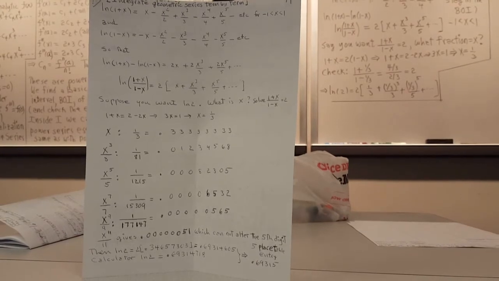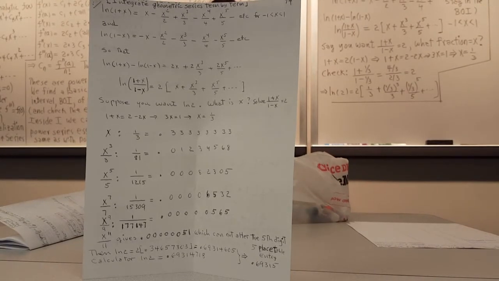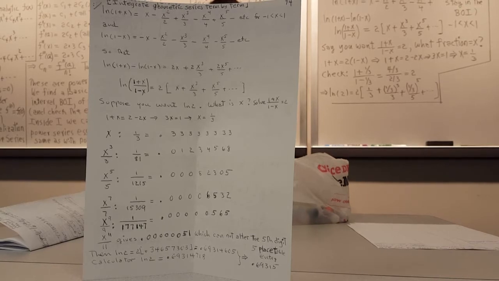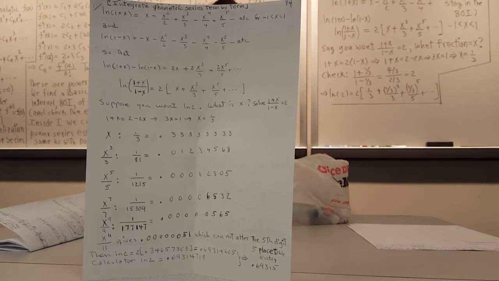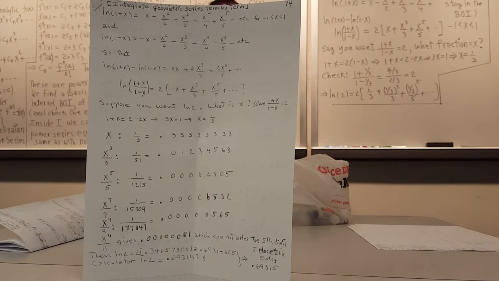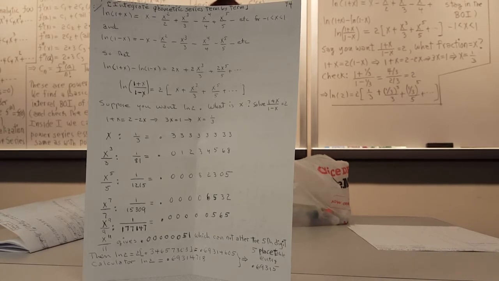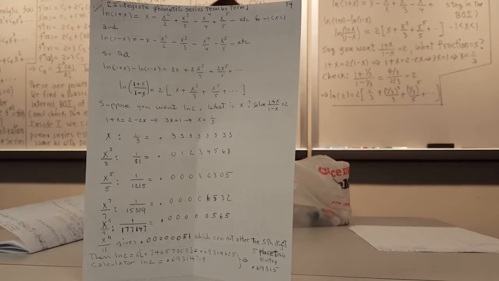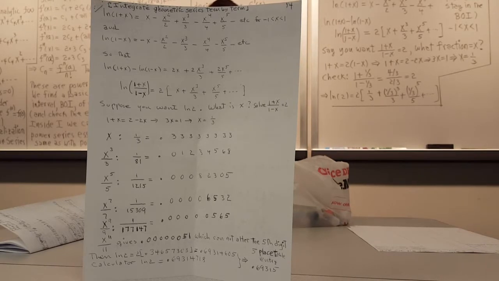Well, notice if you did a third to the 11th power over 11 and got the decimal, you have 6 zeros before you have something. So if you were rounding that back, that would be 5 zeros and then a 1. And if you round it again, that would not influence the 5th decimal.